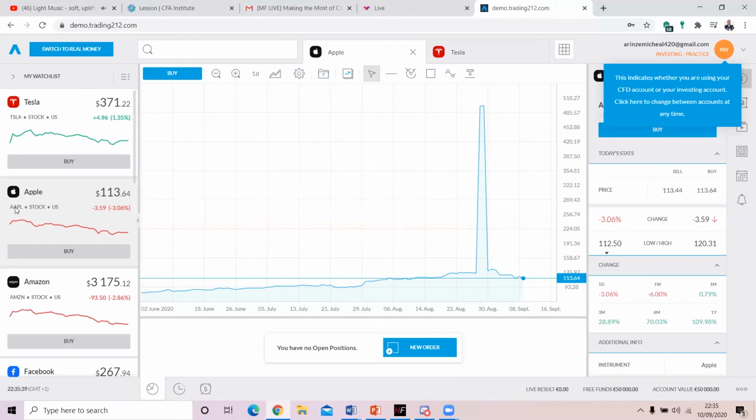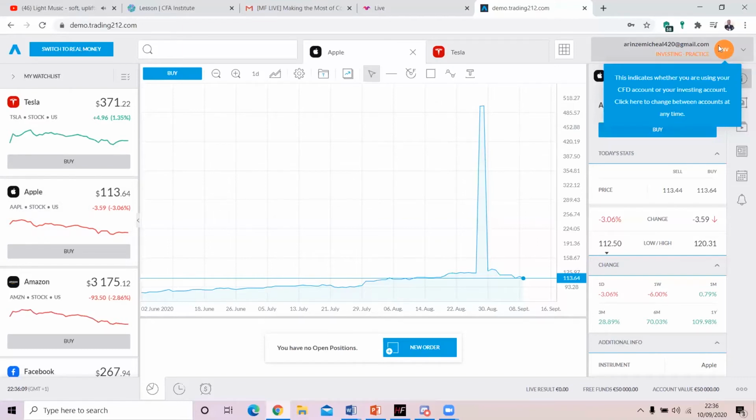That's like an abbreviation, in layman's language, a shorter form of their name in the stock exchange. Next to it is stock, which is what we are dealing with. And then next to it, it says US, meaning the company is in the United States.